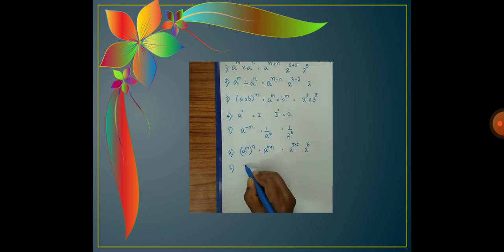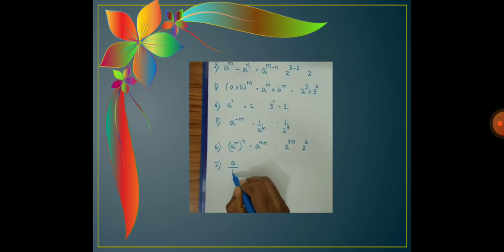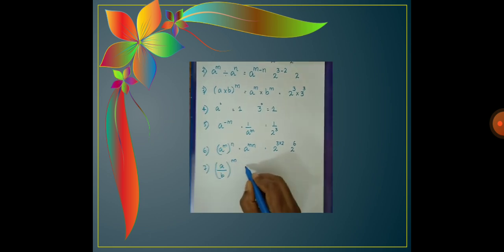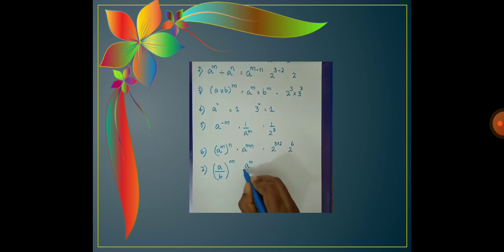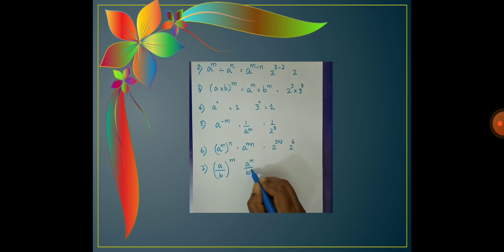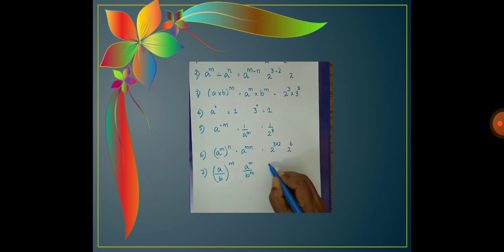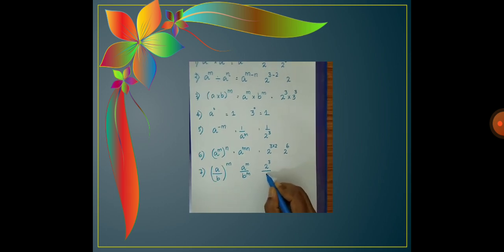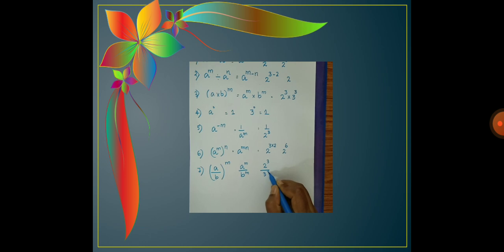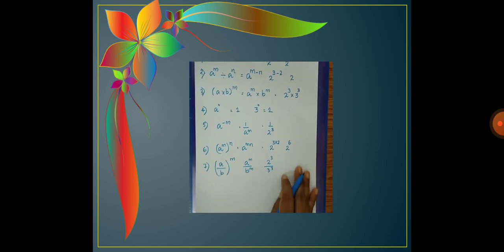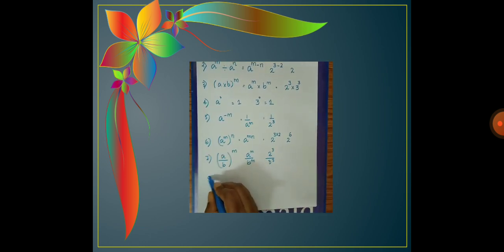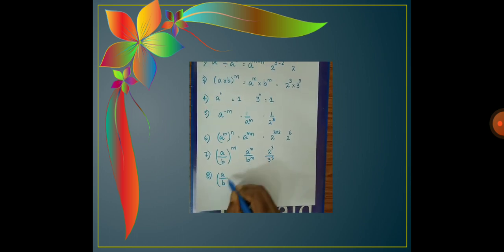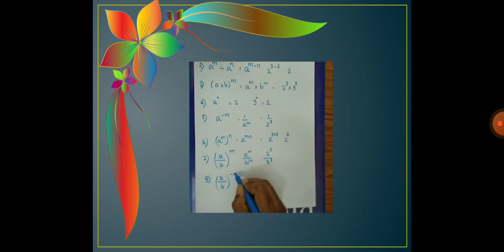Seventh one, a by b raised to the power m, that is equal to a raised to the power m by b raised to the power m. A is 2, m is 3, b is 3, so 2 raised to the power 3 by 3 raised to the power 3. Next, eighth law, a by b raised to the power minus m.